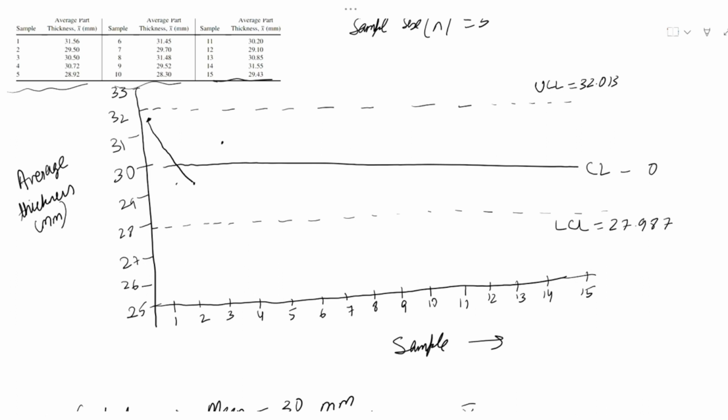Now sample 4 is 30.72. It will be approximately here. Next is sample 5, 28.92.